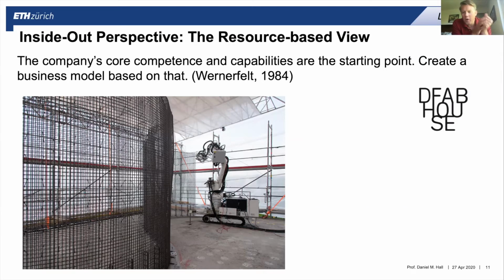So we just heard from Conrad the example from the DFAB house, and Conrad is correct in saying this wasn't really a fully industrialized production system. It was meant to be a single project and a demonstration of the technologies. But if you were going to create an inside-out perspective from the DFAB house, you would begin with the core competence and capabilities. You would say, what do we know how to do better than anyone else?